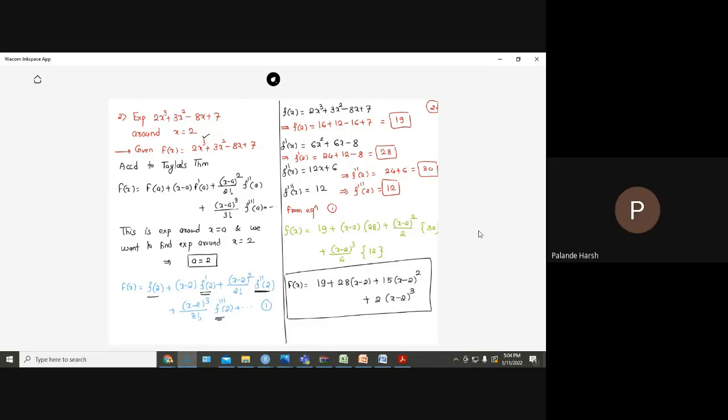So the question is like this: using Taylor's theorem, express the given function in powers of x. Let me change the page.